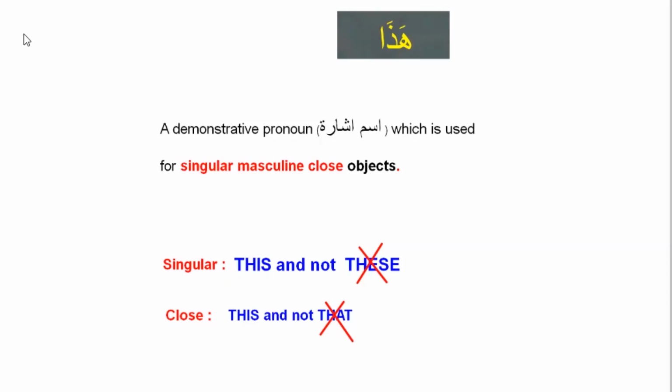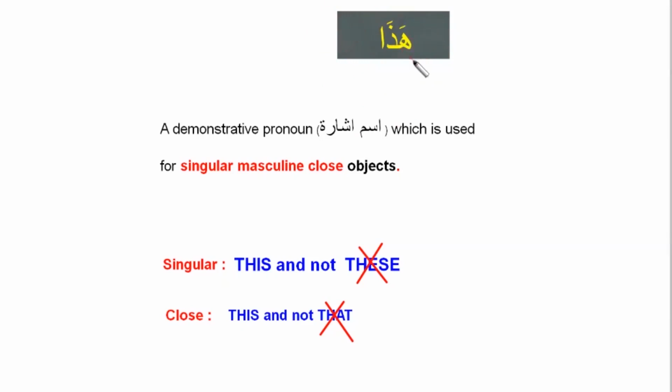Okay. So lesson number 1 is here, and it is focusing on haza. This haza in Arabic is called what? Ism ishara, right?